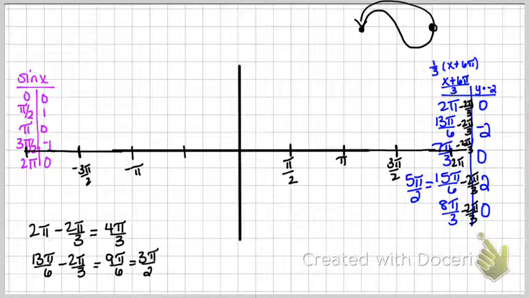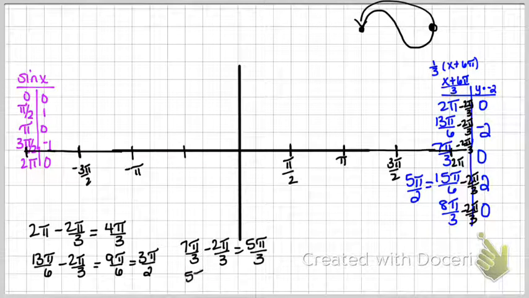Yes. Let me double check my math. Yes. All right. My next point was 7 pi over 3. I'm going to subtract 2 pi over 3, which gives me 5 pi over 3. My next one we said was 5 pi over 2 when we reduced it, minus the 2 pi over 3. So that's 11 pi over 6.